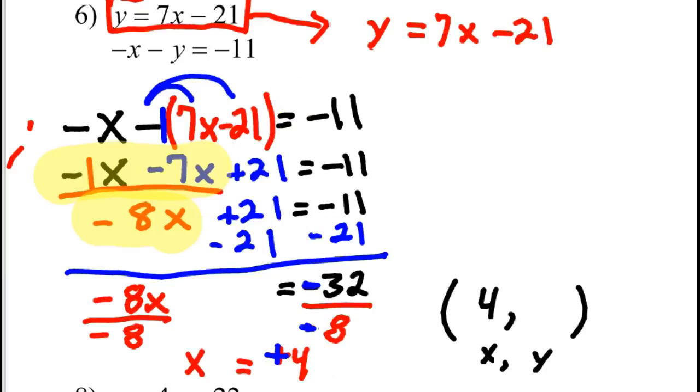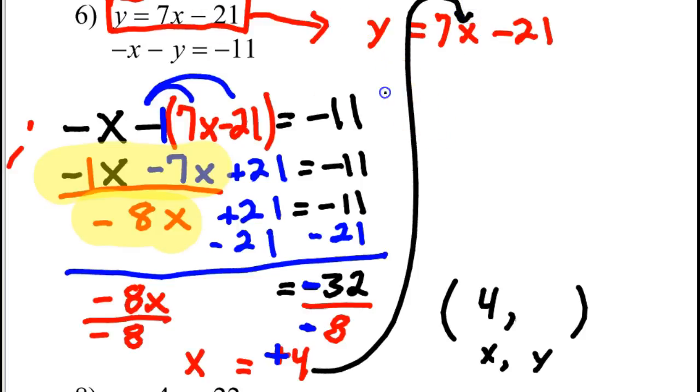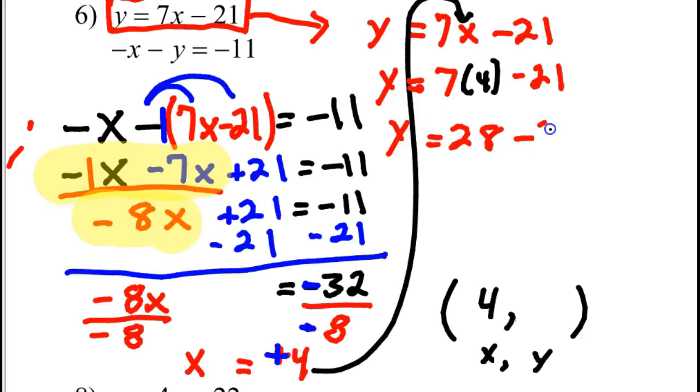So now that we have x equal to 4, I can plug it in here. So I have y equals 7 times 4 for x, minus 21. 28 minus 21, y equals 7.